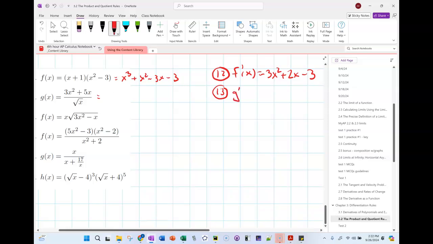Okay, so you're doing the quotient rule, which is wonderful. You can absolutely do that here. So you have square root of x, and then the derivative of the top was 6x plus 5. Good.